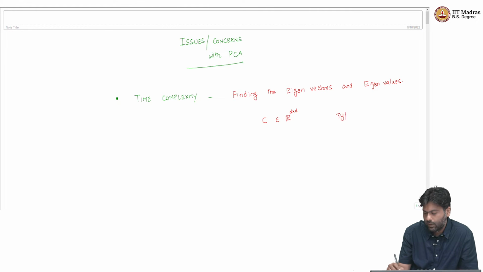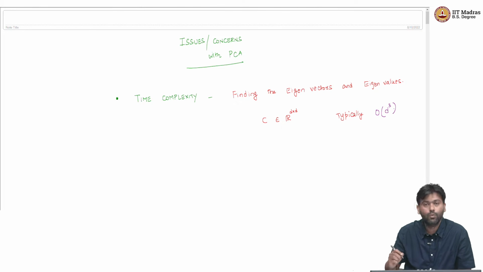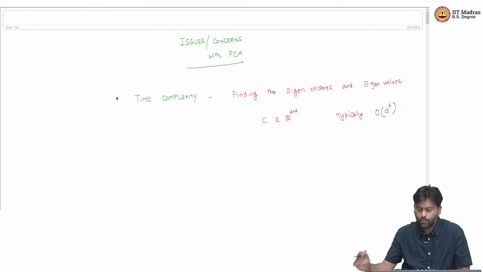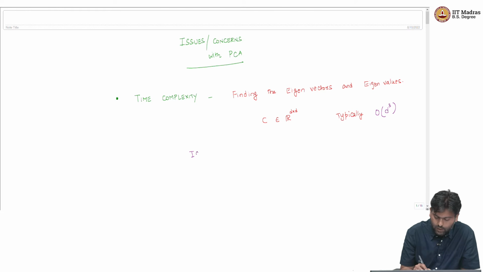Typically, and I say typically because there might be special purpose software which does this faster, it takes order of D cubed time. So this is the time complexity. If you're not familiar with the order notation, that's fine. You can think of this as D, the dimension of the data set, grows, the time taken grows cubic in D. So this is an issue when D is large.